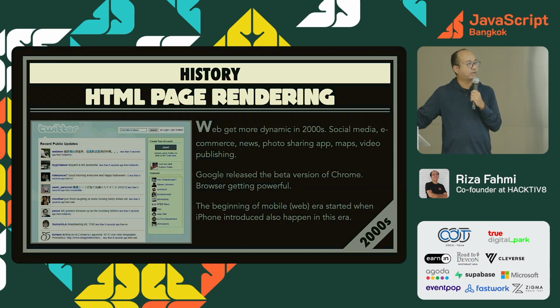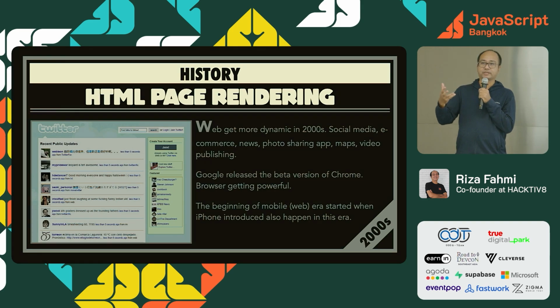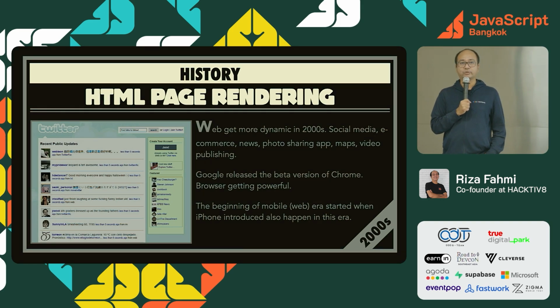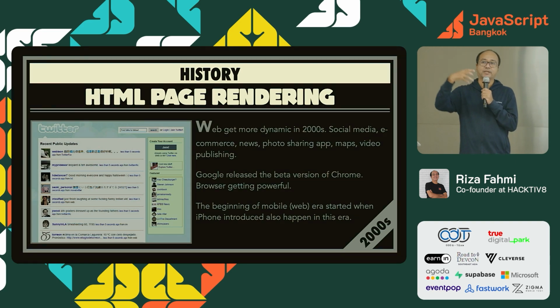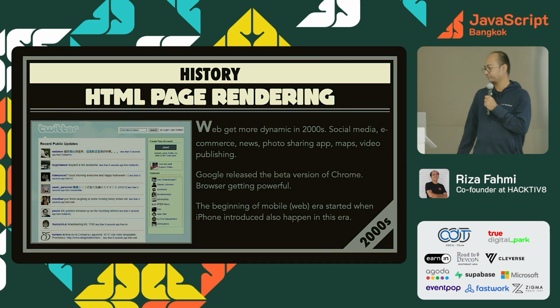And in the late 2000s, specifically 2008, Google forked the engine from WebKit, or Safari as we know it, and made Google Chrome. The main selling point of the browser is that it is a multi-process browser, so you can run something in the background, and the browser becomes more powerful.